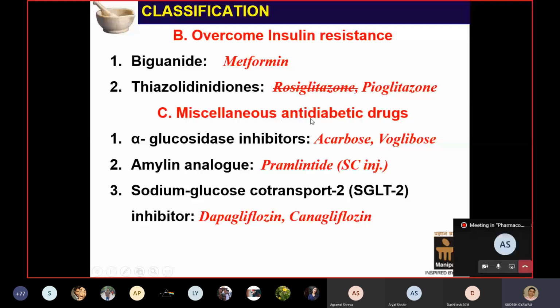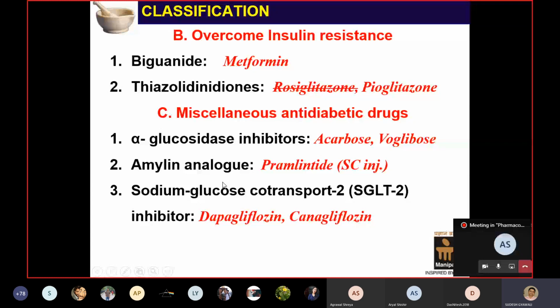And we have miscellaneous anti-diabetic drugs, and we have alpha glucosidase inhibitors, okay. Alpha glucosidase inhibitors, acarbose and voglibose, are also commonly used drugs, especially as an adjuvant, to combine with the main drug, okay. Amylin analog, again a recently added one. And we have sodium glucose co-transport 2, SGLT2 inhibitor, which is also recently added and is used nowadays.